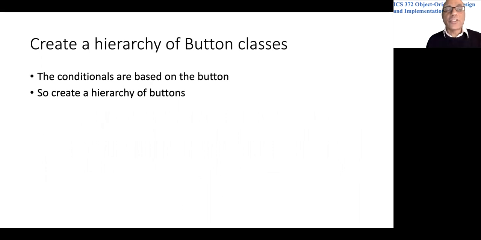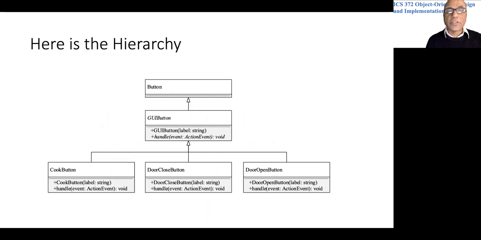So the answer to this question of removing these conditionals is to create a hierarchy of buttons. So we could have a class called GUI button that extends button and have 3 button classes, one for each button in the GUI. Cook button, door close button, door open button.